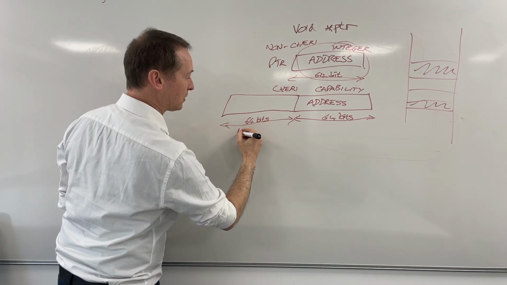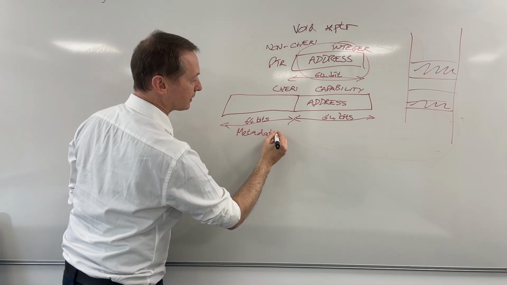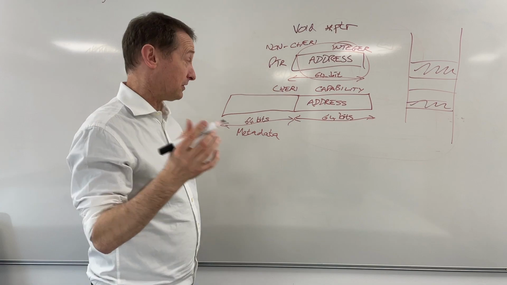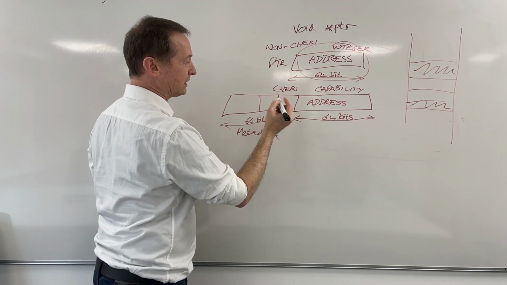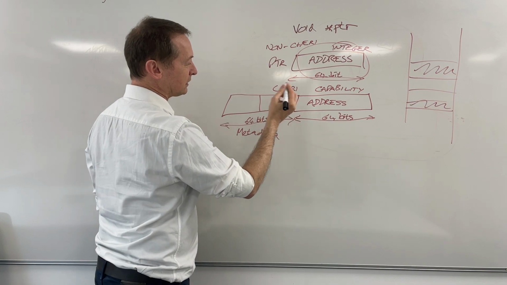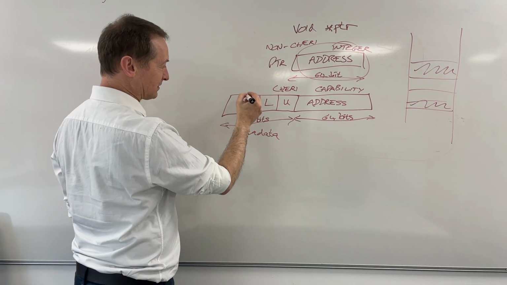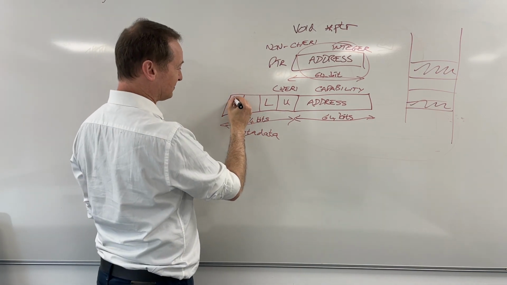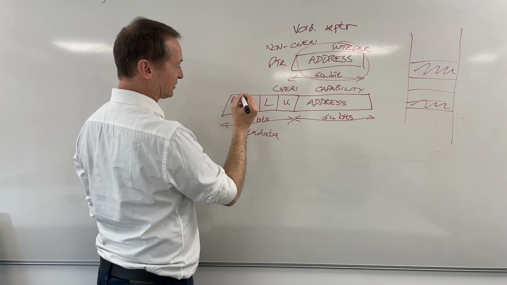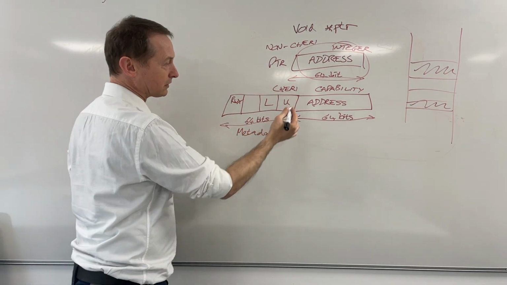You can consider this as metadata. Within this metadata, we store things like the upper and lower bounds, and we store access permissions, so say read, write, execute. There are other ones, but that's the basic level.